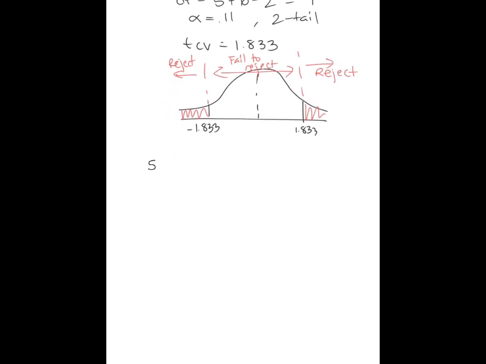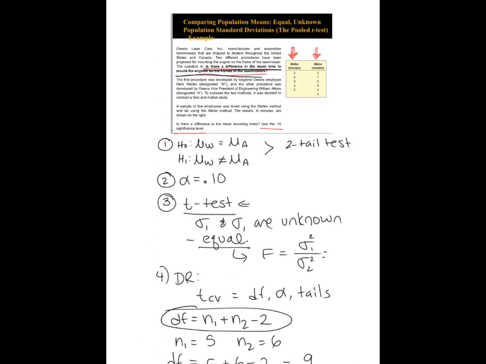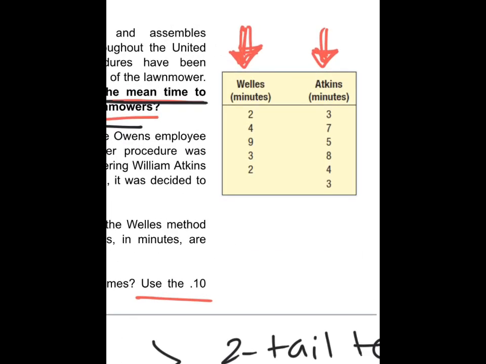Now we go on to step 5. Step 5 is the t-test, but before we can do that for the pooled variance, we need to find the mean and standard deviation of each of our methods. If we look at our data set here and enter that into our calculator, what we find is that the mean x bar for Wells is equal to 4 and x bar for Atkins is equal to 5.